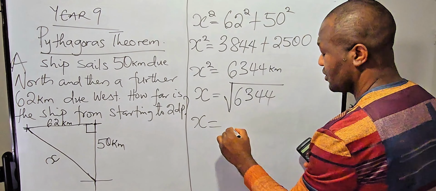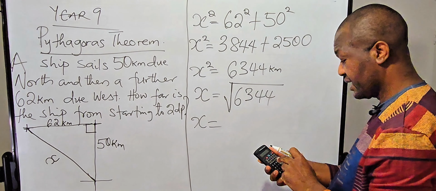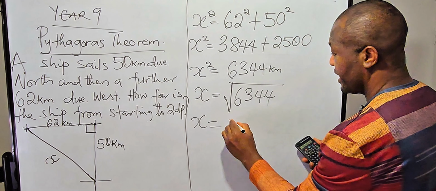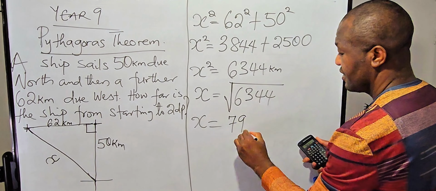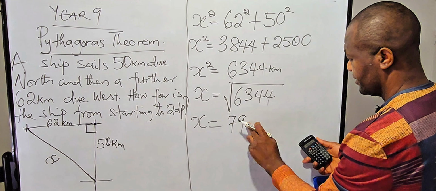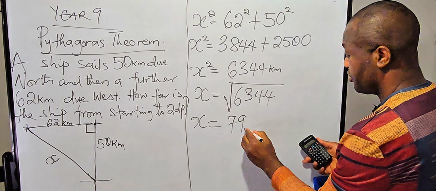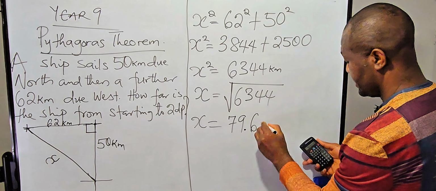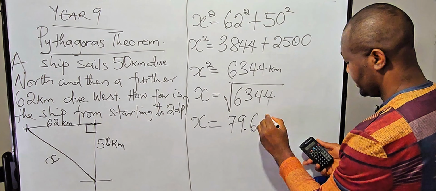And x is equal to, what is the square root of that? It gives you 79.64923101 kilometers.